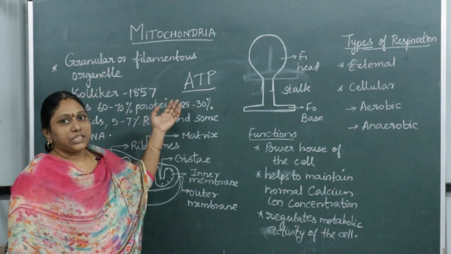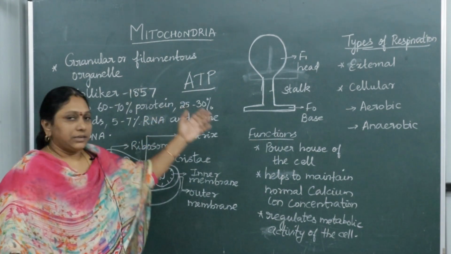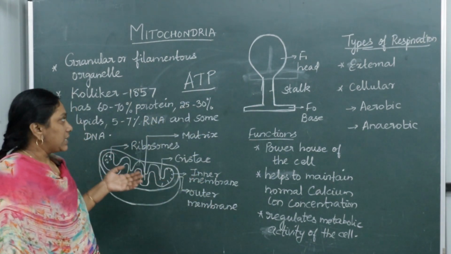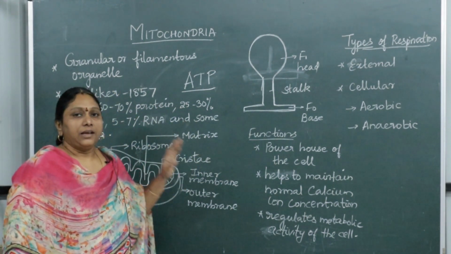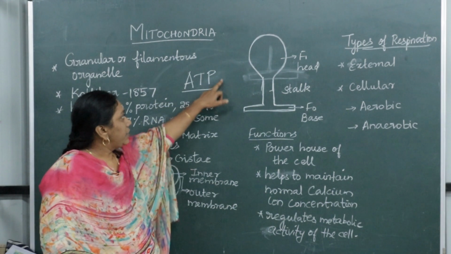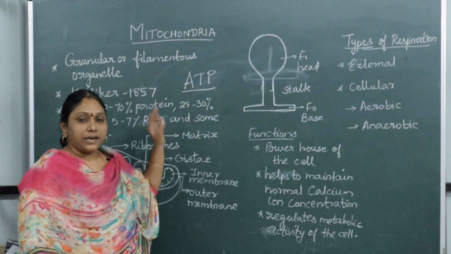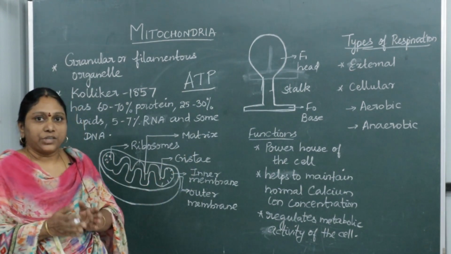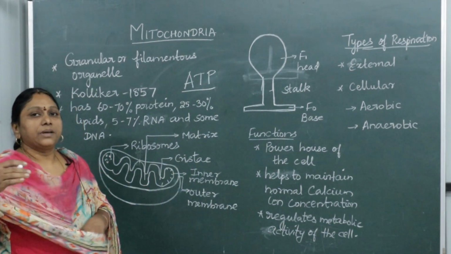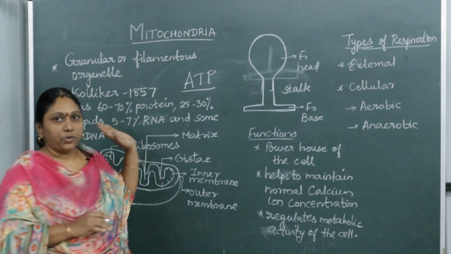This is synthesized with the help of oxygen and the food we consume, which we will study in the following session. So just remember, mitochondria is an organelle which is involved in the synthesis of ATP. What is ATP? It is the energy currency of the cell. Just as a battery stores power and is useful to us, energy will be stored in mitochondria.